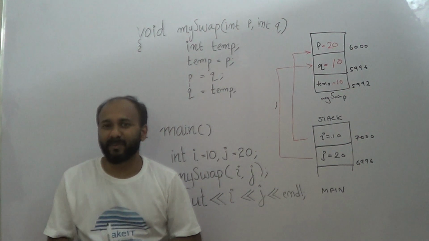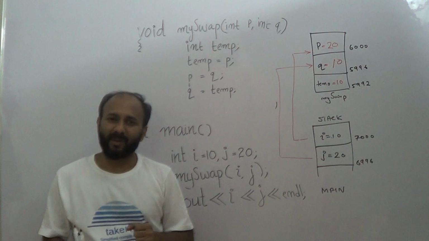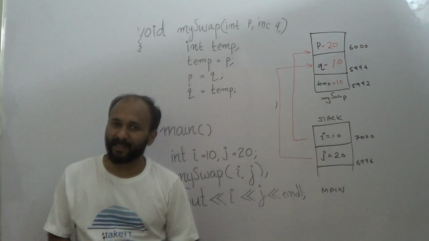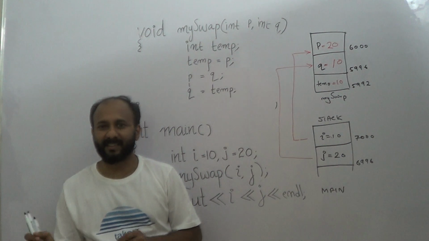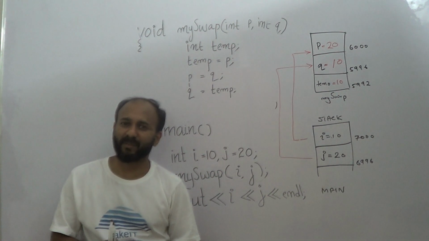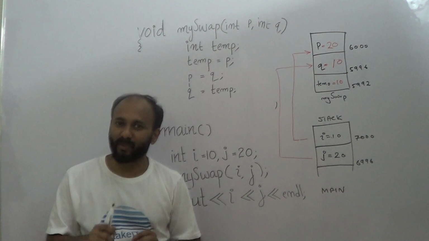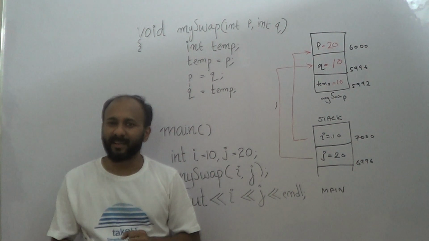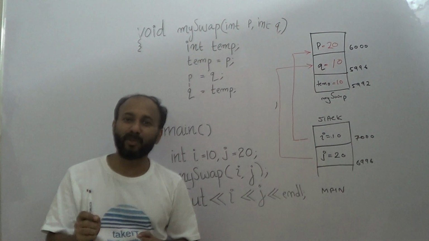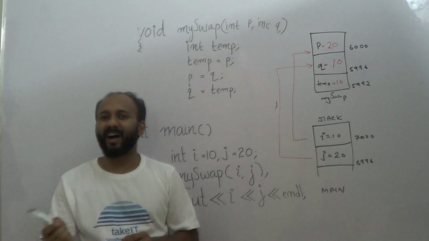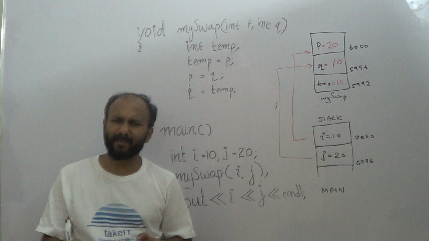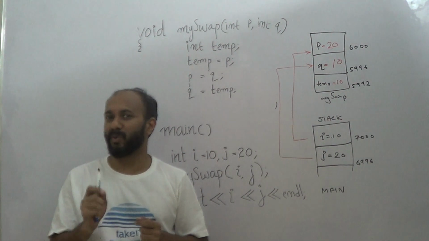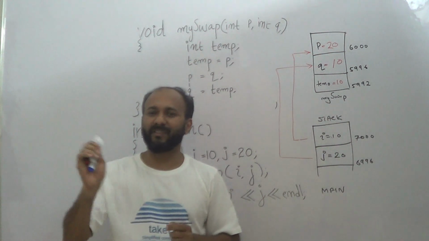I am assuming that you are aware of pointer variables. If you don't know what a pointer variable is, I will take another session; you can watch that session and understand it. Today I am assuming you know the pointer variable. Pointer is nothing but a variable which is capable of holding the address of another variable.